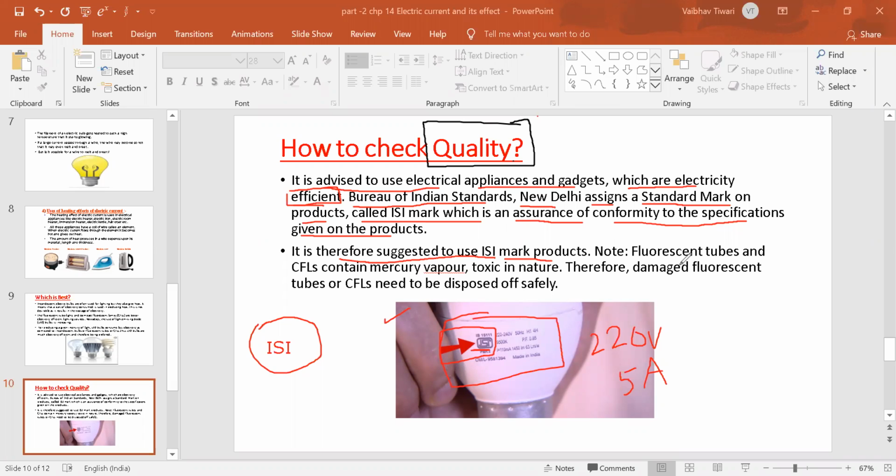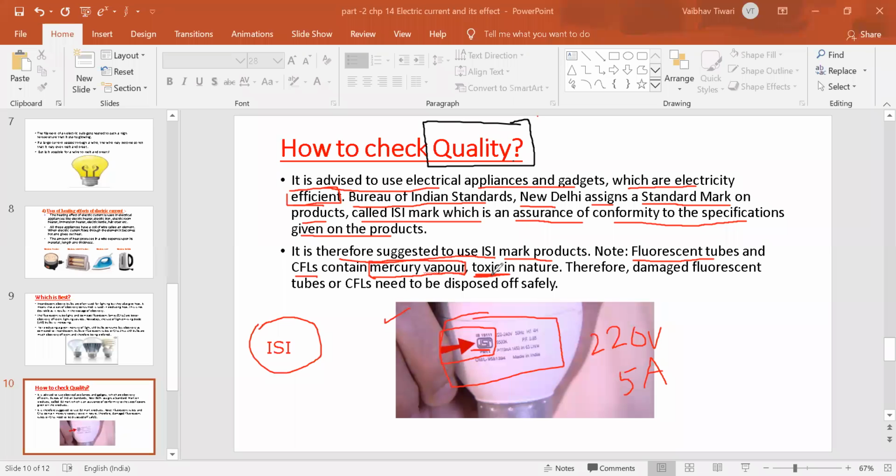Now there is a note. The fluorescent tubes, the tubelights that we are using, and the CFL bulbs contain mercury vapor, which is very toxic in nature. Toxic means it is harmful for us, right?